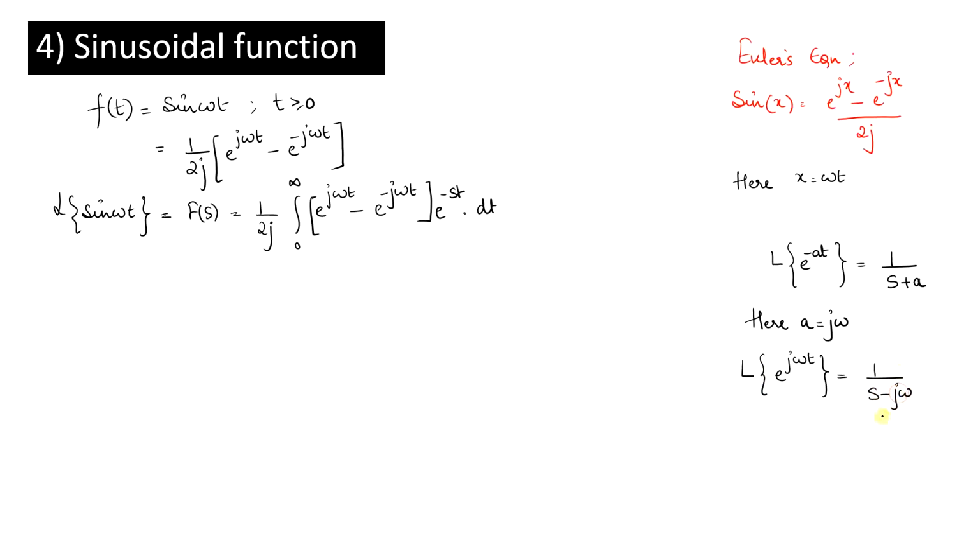Why minus? Because it is positive here, so this will be s minus j omega. Let me do it in terms of steps.